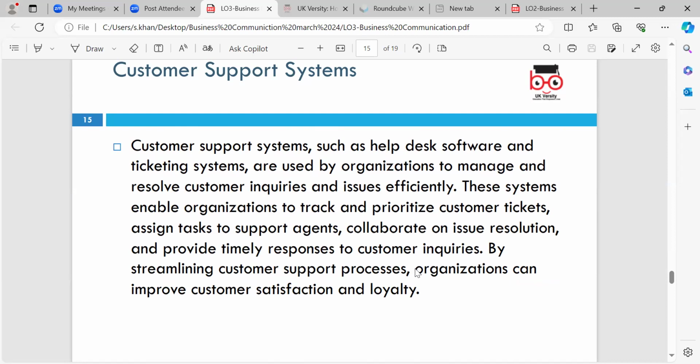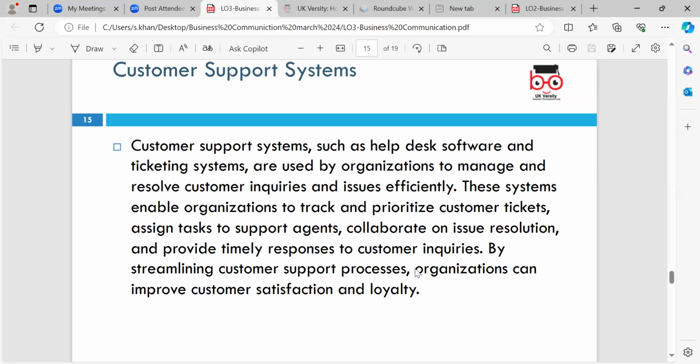These systems enable organizations to track and prioritize customer tickets, provide timely responses, assign tasks to support agents, and collaborate to resolve any issues. If there are any ways of resolving issues, you try with the use of collaboration with the customers.